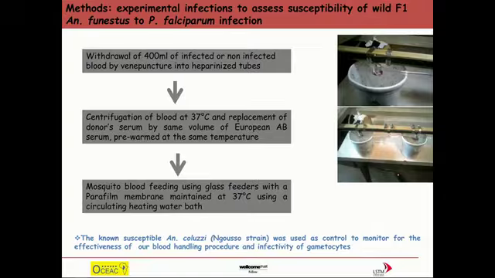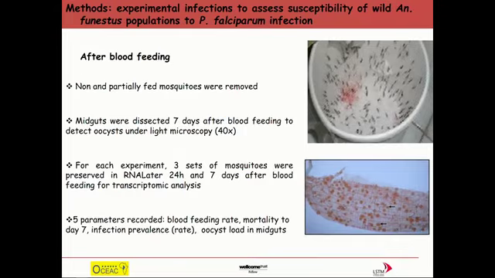We used the Plasmodium-susceptible Anopheles coluzzii to monitor our blood handling procedure and the infectivity of our gametocytes. After blood feeding, we removed non-fed or partially fed mosquitoes and kept the mosquitoes until day 7. We dissected mosquitoes and observed the oocysts in the midgut using microscopy. We recorded 4 parameters: the feeding rate, mortality to day 7, infection prevalence, and oocyst load in the midgut.